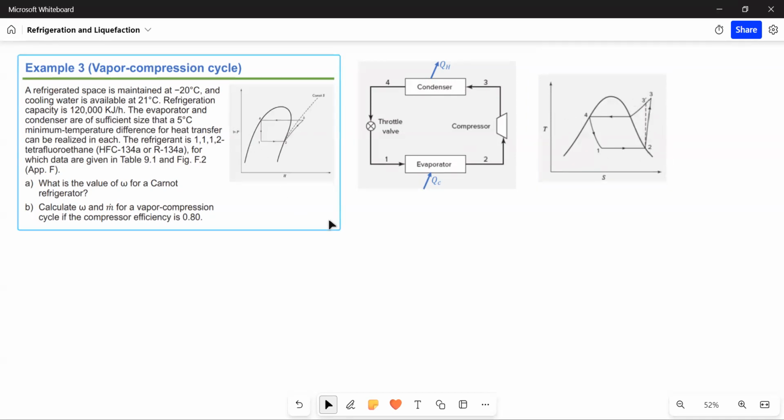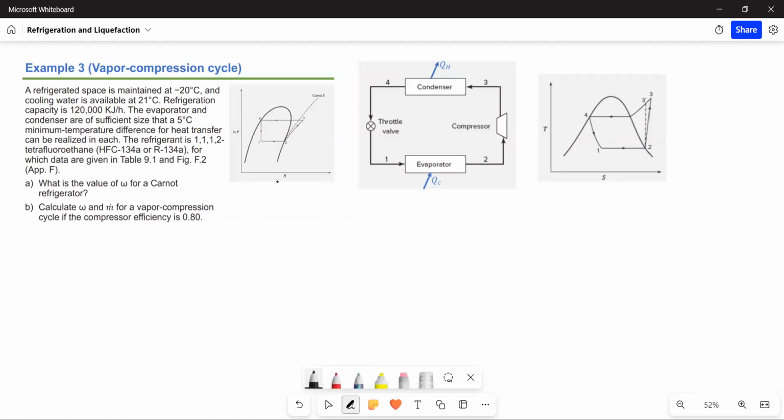Then what else is given? So we're given the refrigerated space is -20 degrees. So let's write it as -20 degrees Celsius, and then the cooling water is available.